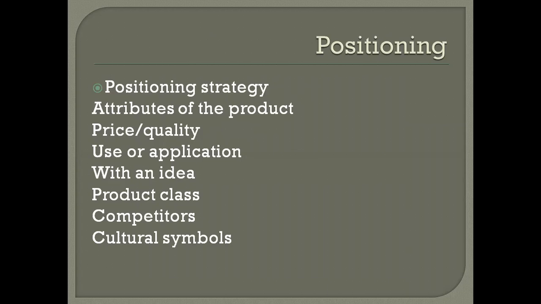The same strategy is adopted by Nestle. They have small pouches, a 1 rupee pouch of coffee that people prefer. They play on price only because they know that the quality is good, and they want to compete with other coffee brands also. Then, positioning by use and application.